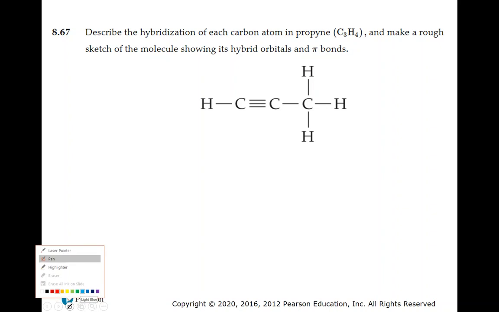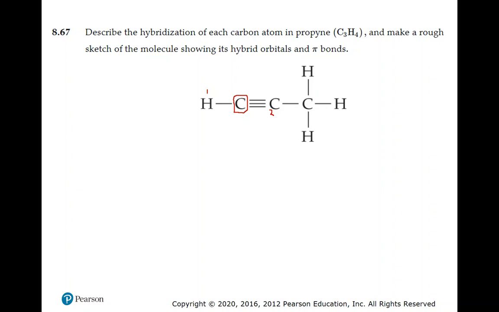So when it comes to classifying the hybridization of any hybridized atom, all we really need to do is count up the charge clouds. So, for instance, if we look at our first carbon right here, this has two charge clouds, one here and another one here. Remember, in terms of counting charge clouds, we don't care if we have double or triple bonds, we just count the number of separate atoms.